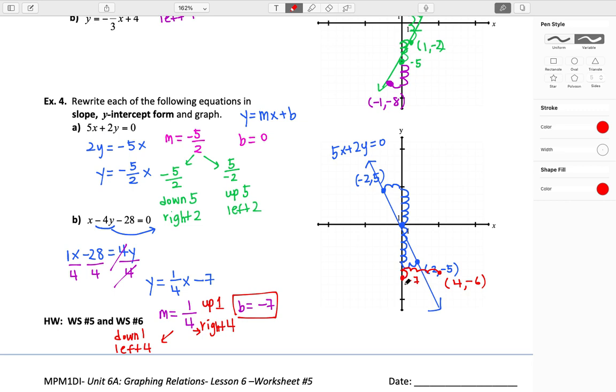Or I could go down 1 and left 4. 1, 2, 3, 4. And this point must be negative 4 comma negative 8. And then draw a straight line using your ruler. And this is going to be x minus 4y minus 28 equals 0.